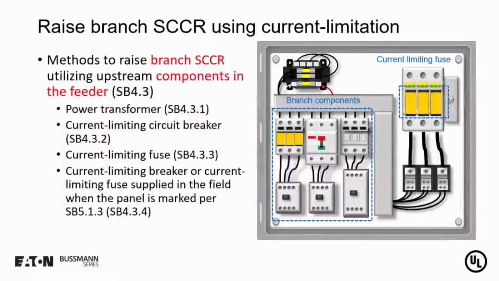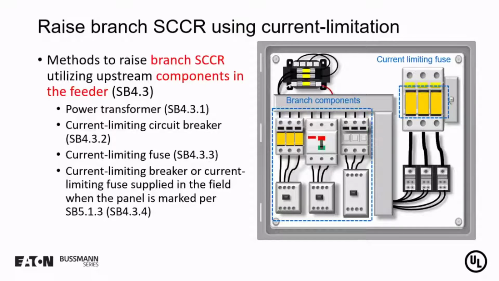Thanks, John. Well, basically, as mentioned, there are basically 3 ways to raise components in the branch circuit using devices in the feeder circuit. So essentially here we have, for instance, 3 contactors, and perhaps we've identified that those contactors have an SCCR of a given value, and we want to raise that.